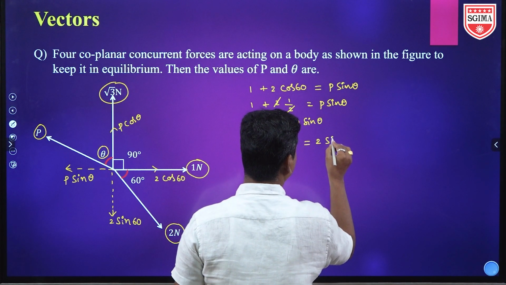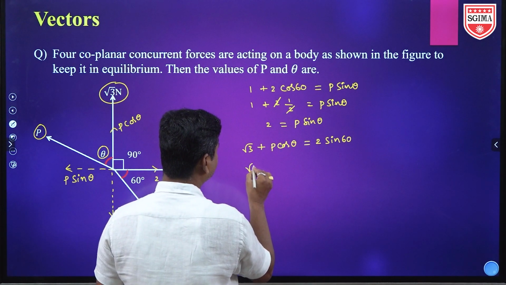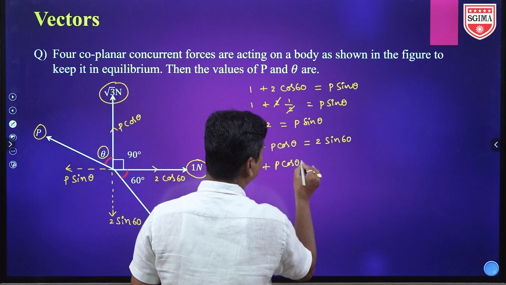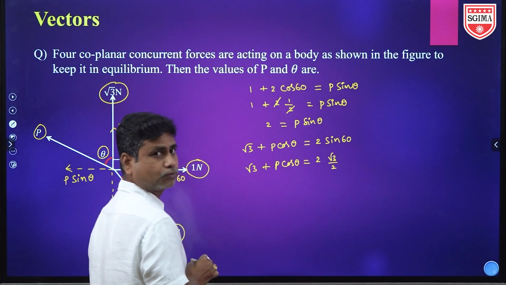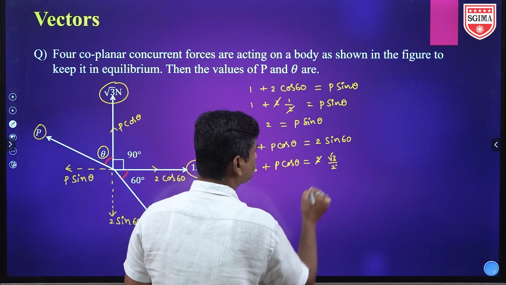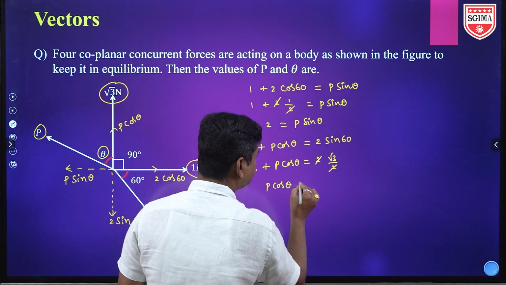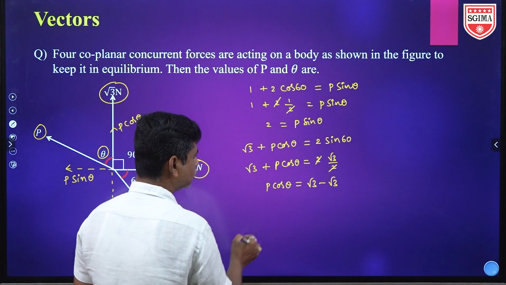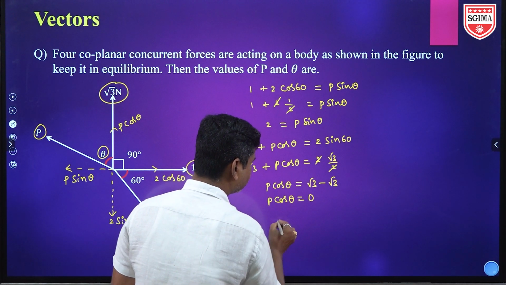So root 3 plus P cos theta is equal to 2 times sin 60, value root 3 upon 2. Here 2 cancel, P cos theta equals root 3 minus root 3, that is 0. So P cos theta equals 0.